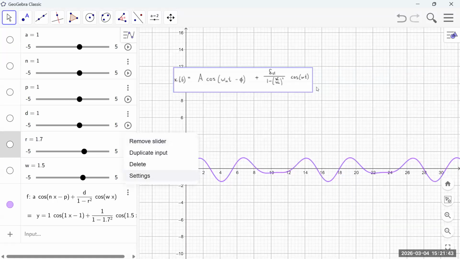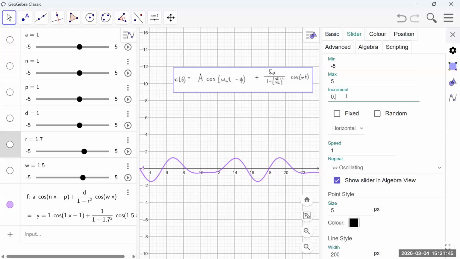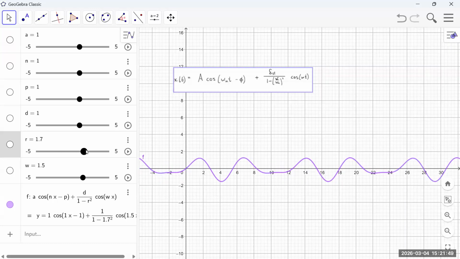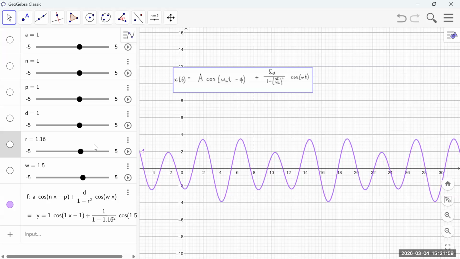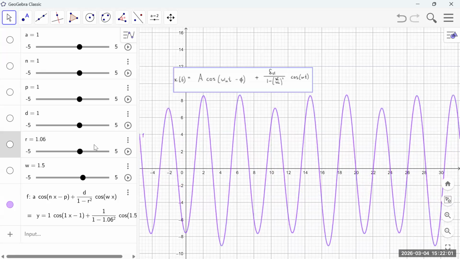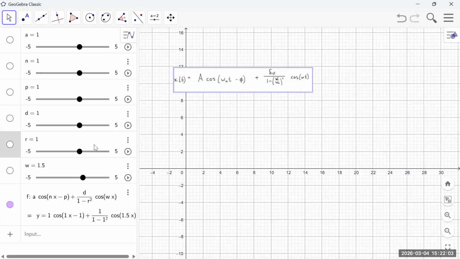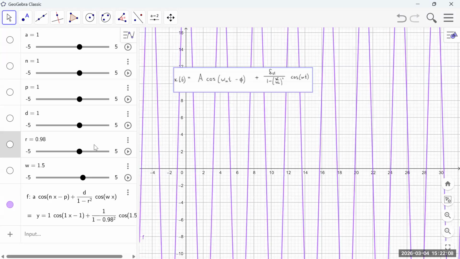So let's just make this one a bit nicer. Look what this graph does when it approaches 1. It gets a bit more shape as it approaches 1, but exactly at 1 it's basically gone, right? Because then everything freaks out.